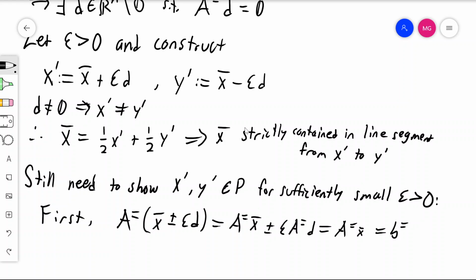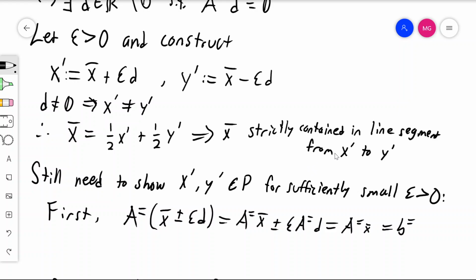Well, what this shows is that x bar is strictly contained in the line segment from x prime to y prime. But what we need is not only that to be true, but we also need that x prime and y prime themselves are inside the polyhedron. We know that polyhedra are convex, so if x prime and y prime are inside the polyhedron, then the line segment from x prime to y prime is also entirely contained in the polyhedron.